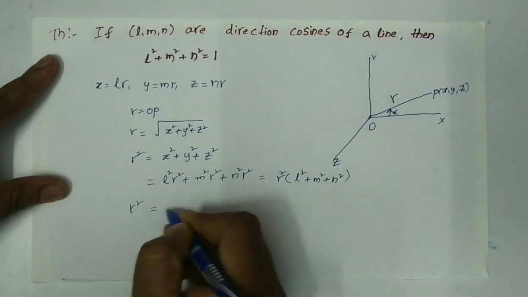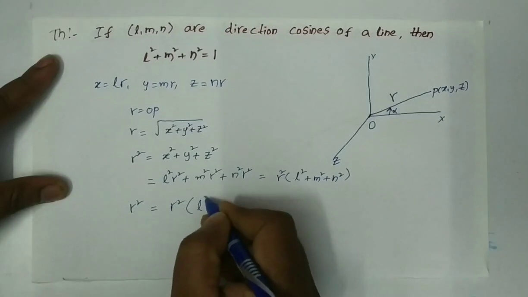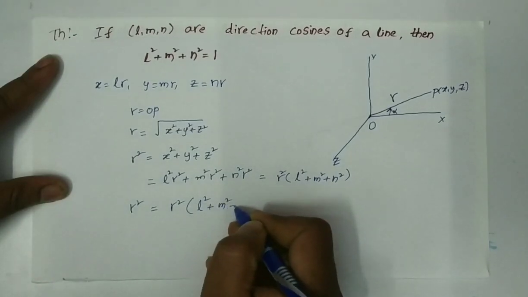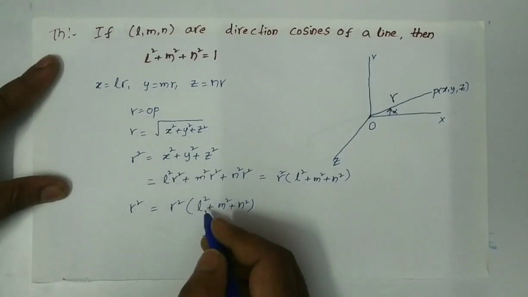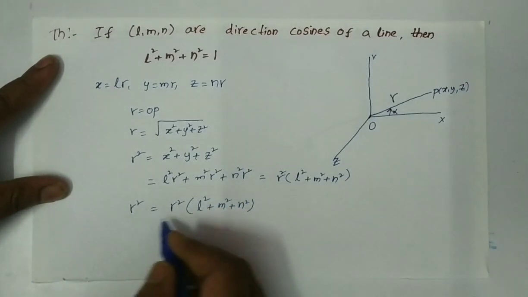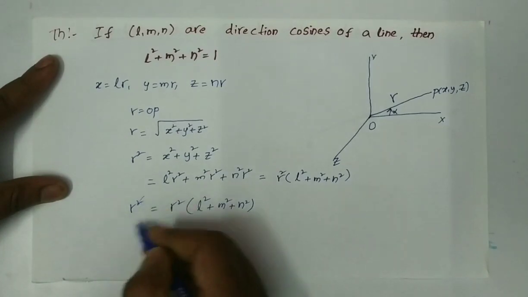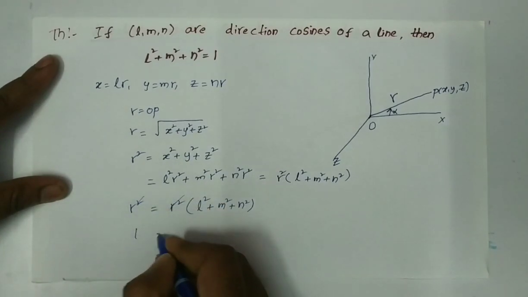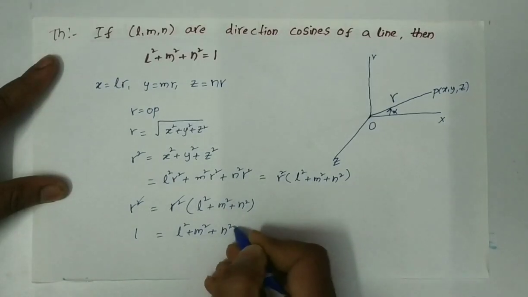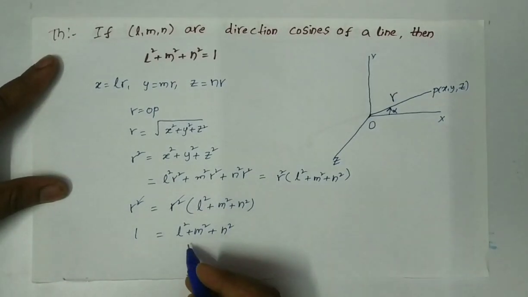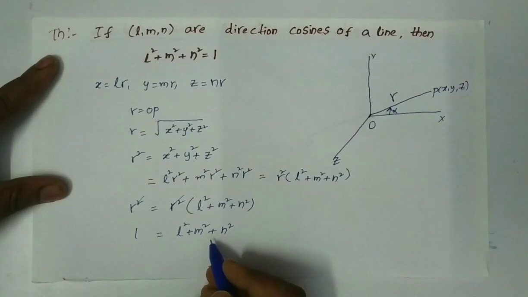Therefore, r square is equal to r square of l square plus m square plus n square. By cancelling the terms, we get 1 is equal to l square plus m square plus n square. Therefore l square plus m square plus n square is equal to 1. This is the relation between the direction cosines of a line.